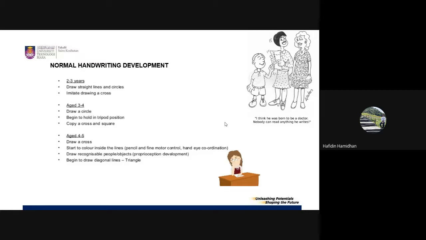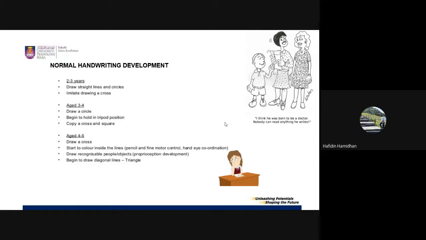Seterusnya, ini adalah merujuk kepada normal handwriting developmental milestone. Ketika kanak-kanak tersebut berumur 2 hingga 3 tahun, kanak-kanak tersebut boleh melukis garisan lurus dan bentuk bulatan, tapi bentuk bulatan tersebut bukan bulatan yang perfect lah. Seterusnya, ketika berumur 3 hingga 4 tahun, kanak-kanak tersebut begin to hold pencil ataupun crayon dalam tripod position dan sudah boleh copy a cross ataupun square.